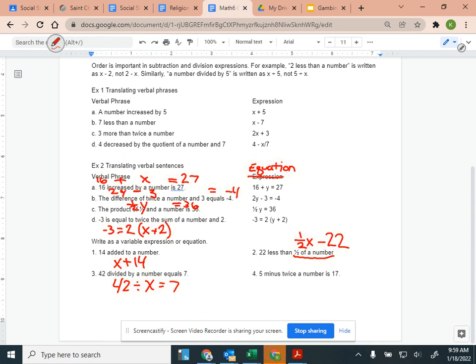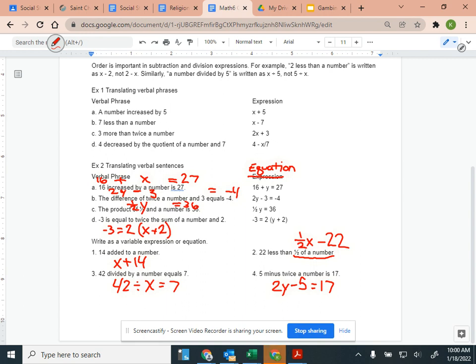And number 4. 5 minus twice a number is 17. How would I write that, Kira? 2 times y minus 5 equals 17. So 2y minus 5 equals 17. Is that what it's saying? 5 minus twice a number.